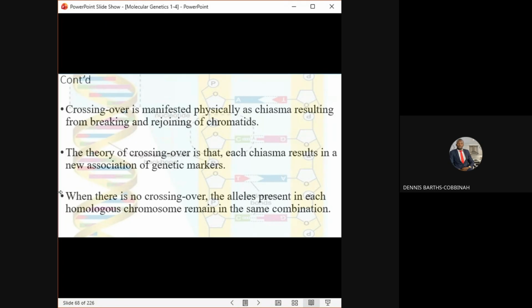That is why, though you are born of the same mother and the same father, you have differences between you and your siblings. You aren't the same because of this phenomenon of crossing over. The portion of the chromosome breaks and rejoins, changing the genetic makeup of individuals.